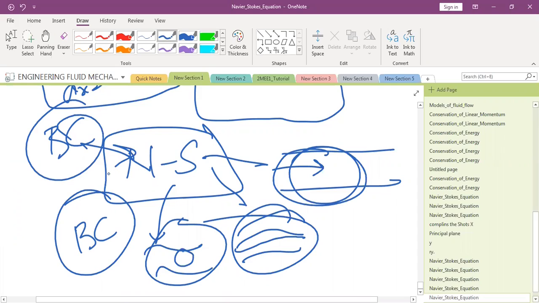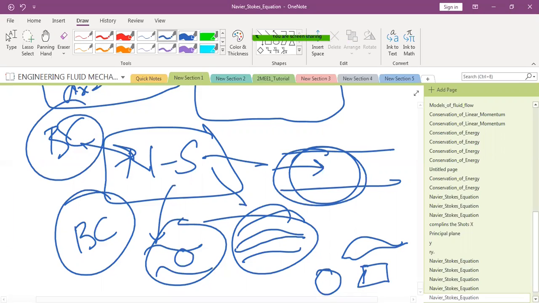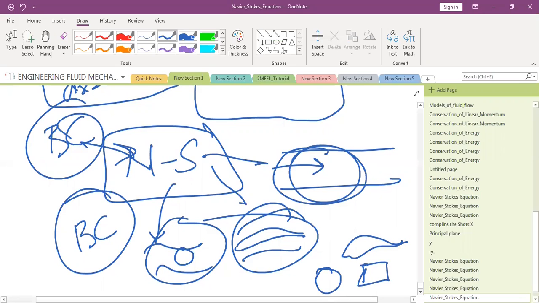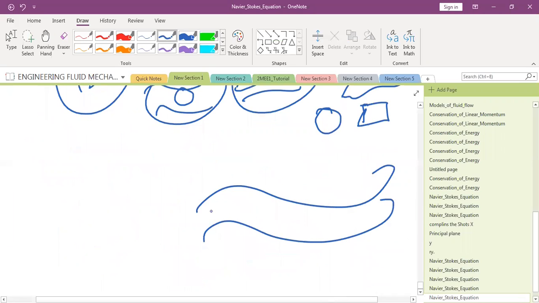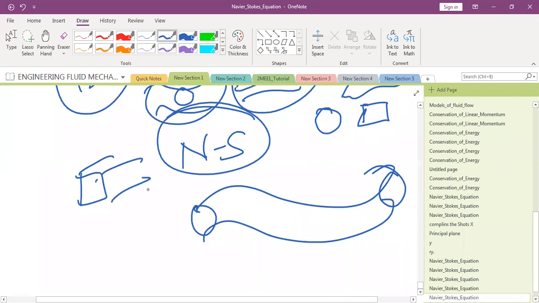So if you think of every concept in this fashion, it will boil down to simply solving a differential equation, nothing more than that. If you are solving for an aerofoil, for a bluff body like a square or a circle, or for flow in a complicated pipeline having circular, rectangular or any cross section, you will be applying the Navier-Stokes equation only.